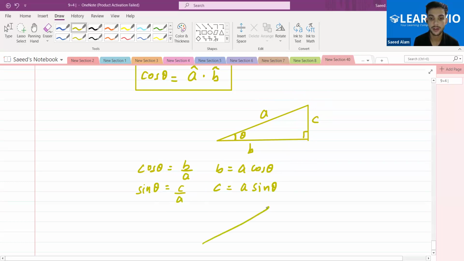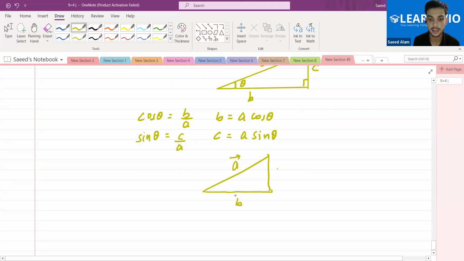Now, whenever I am providing you any kind of a triangle, remember this. If I'm writing this as the A vector, this as the B vector, this base as the B vector, and this is actually the C vector, then if I need to dissociate this A into two components, can you tell me what this will be equal to?